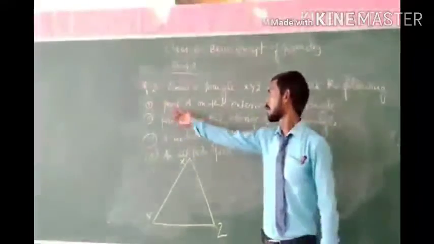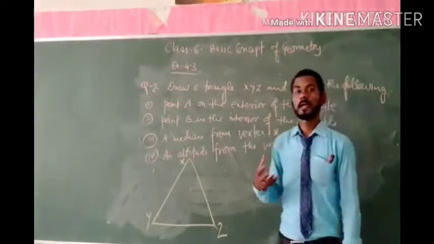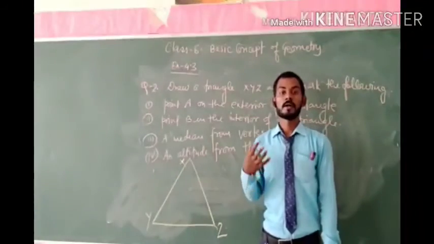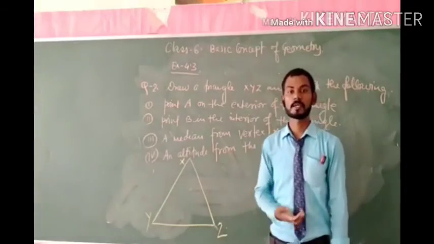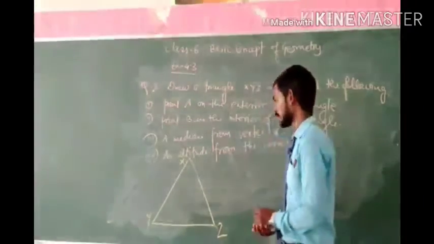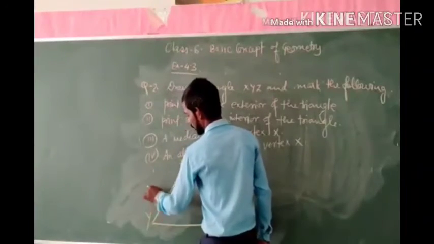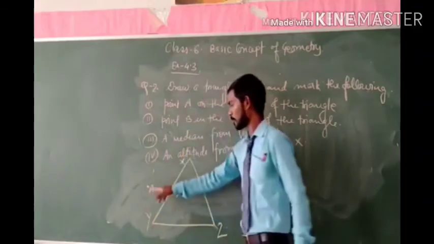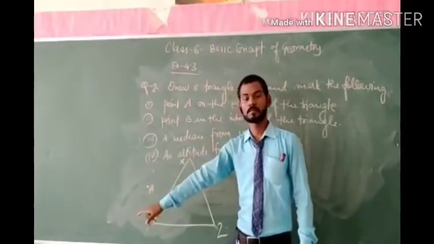The first is point A on the exterior of the triangle. As we know that the region that lies outside the closed figure is known as the exterior, so we can mark the point A on the exterior of the triangle. So the point A is known as the exterior point.